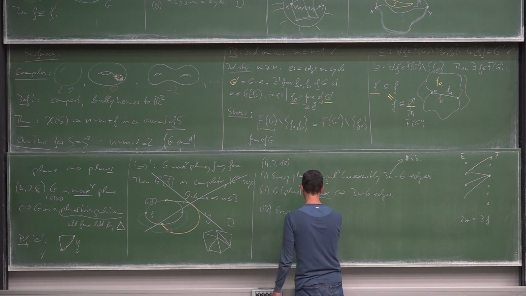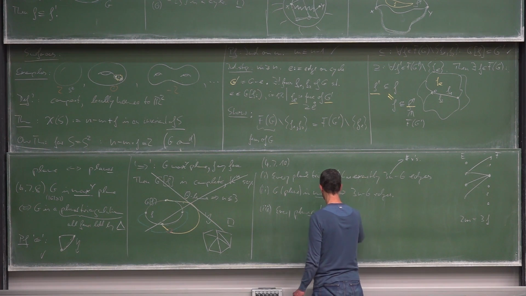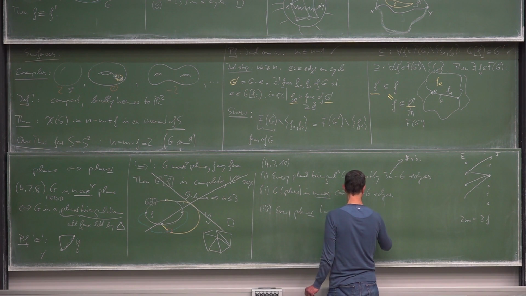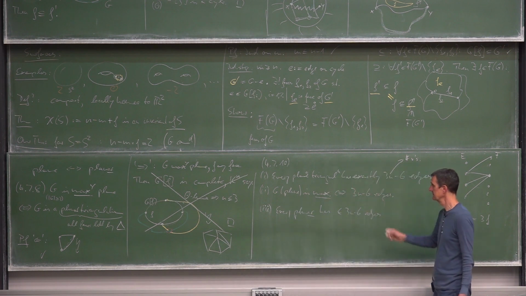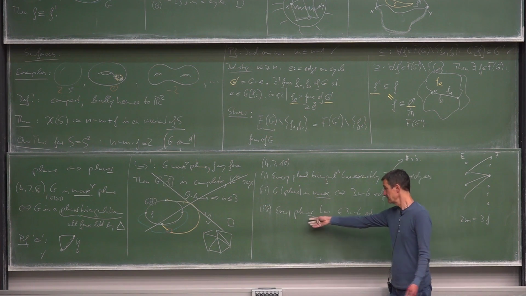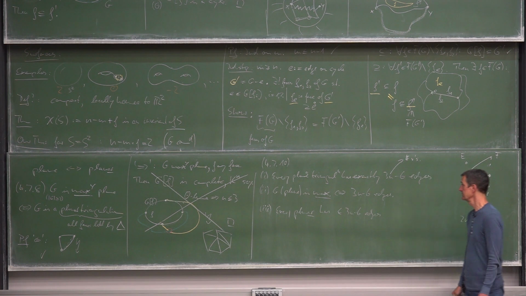So this is an abstract graph that is isomorphic to a plane graph, has at most 3n minus 6 edges. Yeah, same reason. You can make it plane, it's isomorphic to a plane graph, and that plane graph has at most 3n minus 6 edges.